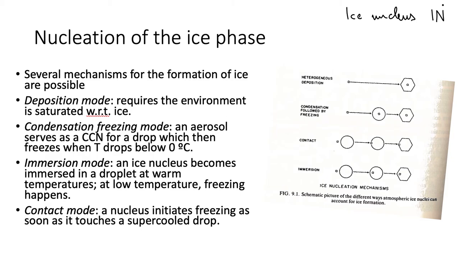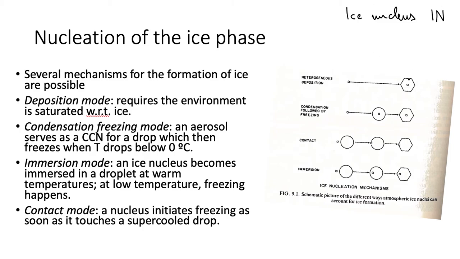And there are many ways in which an ice nucleus can stimulate the production of ice crystals. The first one is that when you are saturated with respect to ice, you could have heterogeneous deposition.